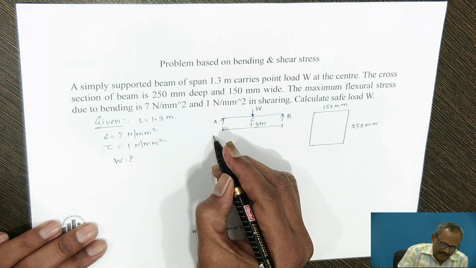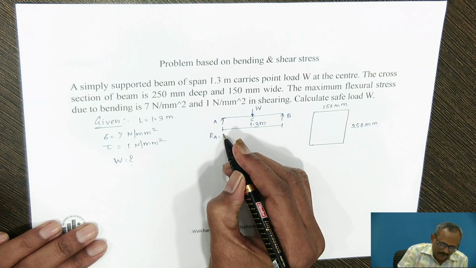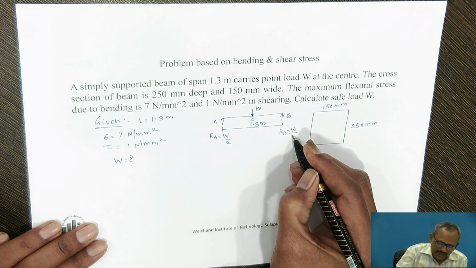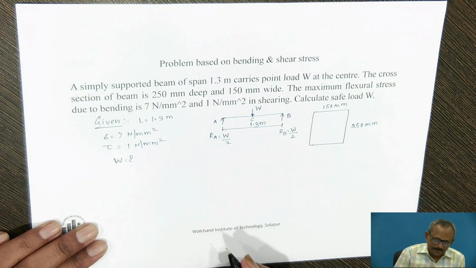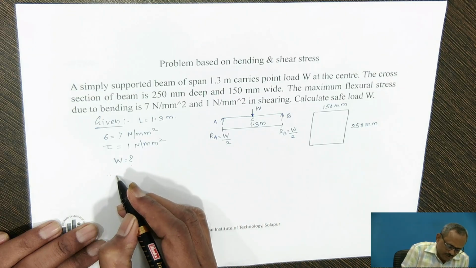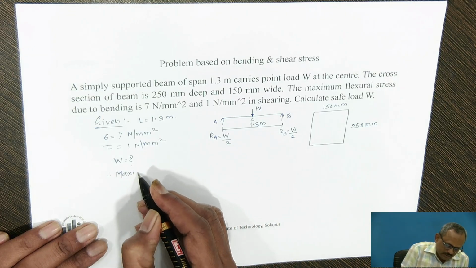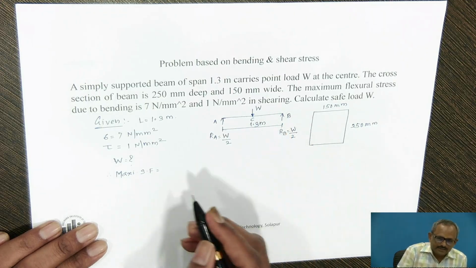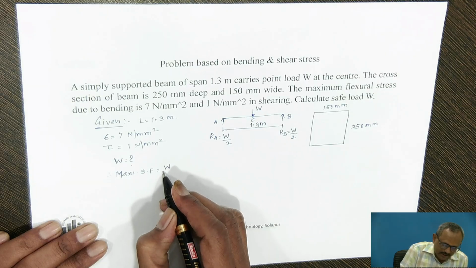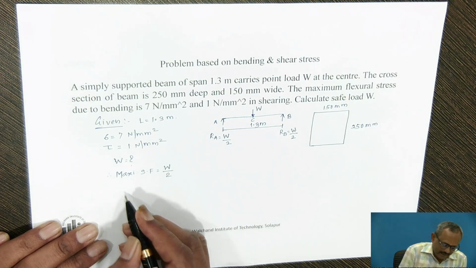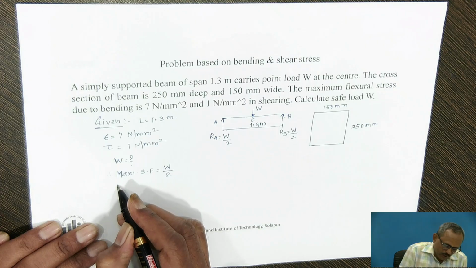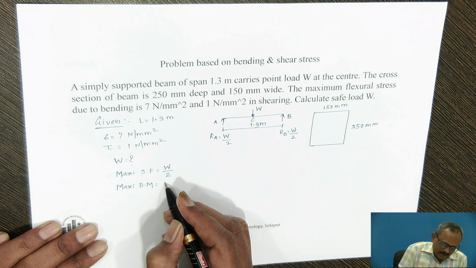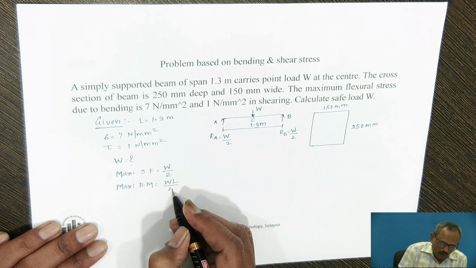The reactions at A and B are half of the total load, that is W by 2 each, and the maximum shear force for a simply supported beam carrying a point load at the center is W by 2, and the maximum bending moment to which the beam is subjected is WL upon 4.